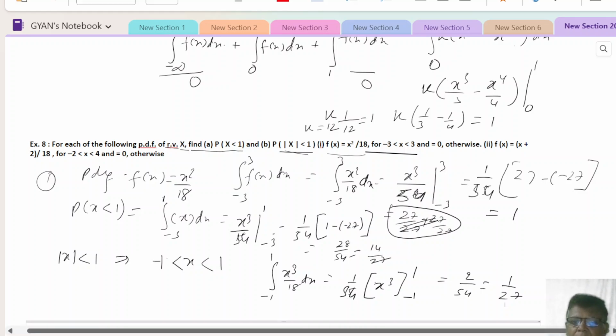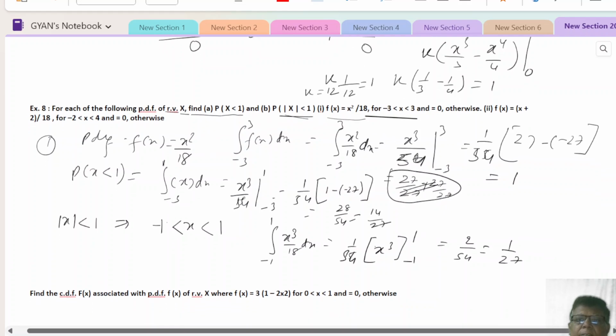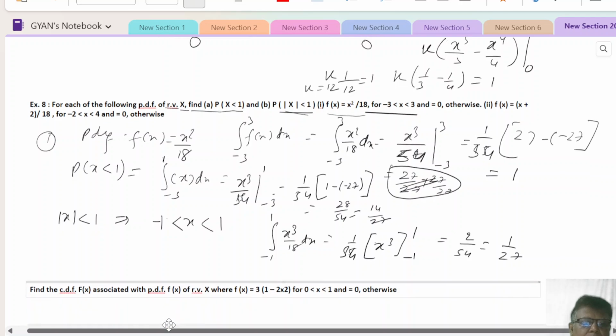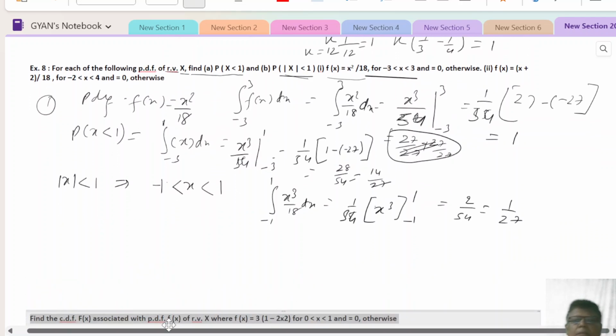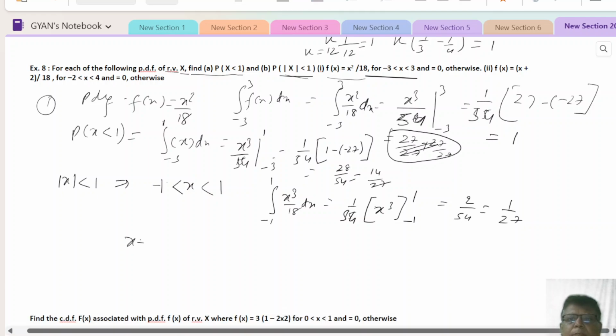Now come to the second question. Second question, random variable is x plus 2 by 18.